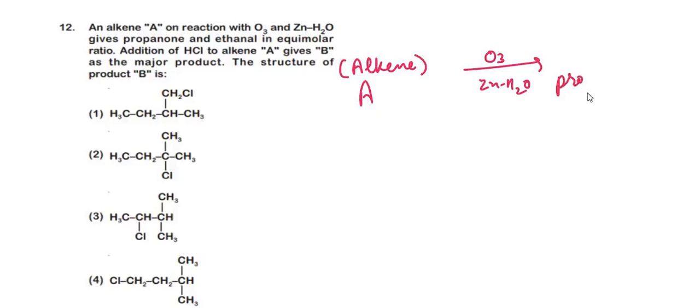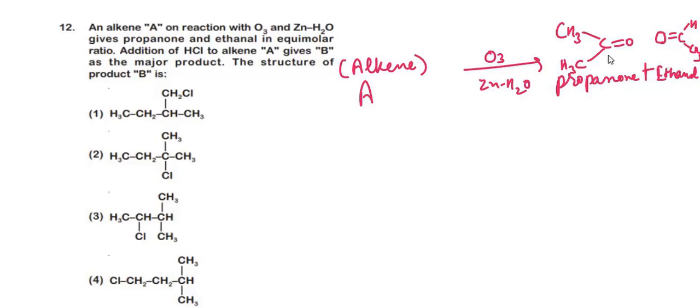One is propanone and the second one is ethanal. The structure of propanone we can write like this: CH3 C double bond O CH3, and the structure of ethanal is CH3 CH double bond O. CH3CHO is ethanal and CH3COCH3 is propanone.